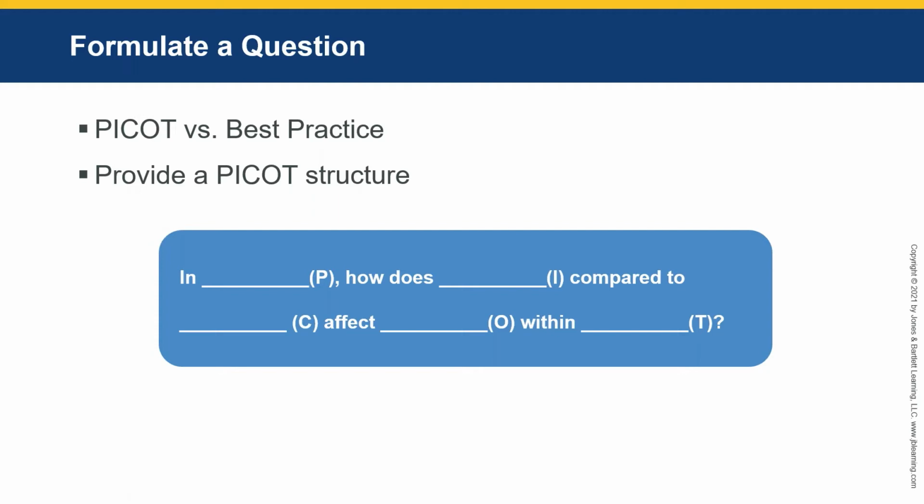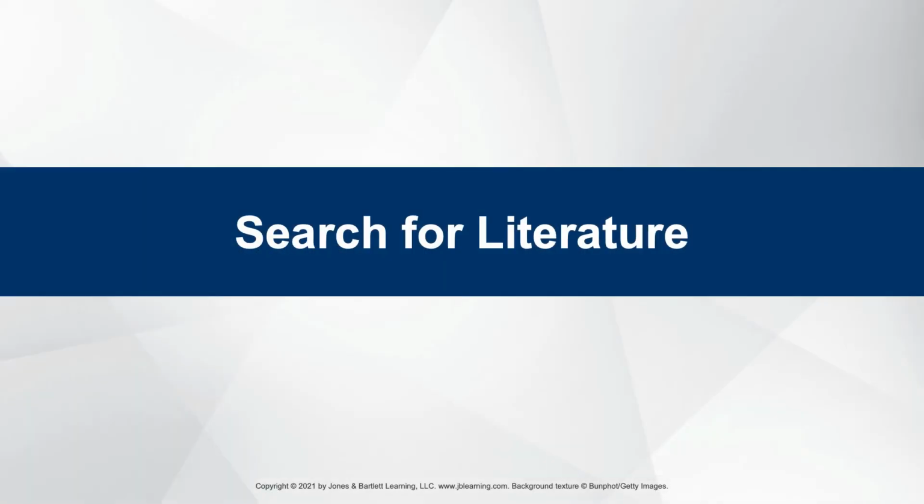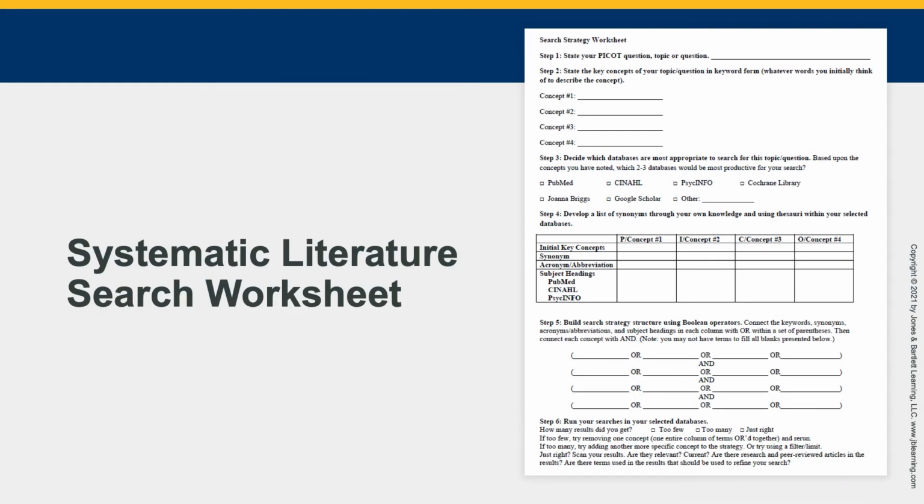But if you want to stick with the PICO question, and I know some people pronounce it differently than I do, you can give them this structure to help them formulate their question. Then, after they've formulated their question, the students need to conduct a systematic search of the literature. This worksheet is available on the companion website to the textbook. It's also kind of in the textbook, but not as nice as you would want to use in your class.